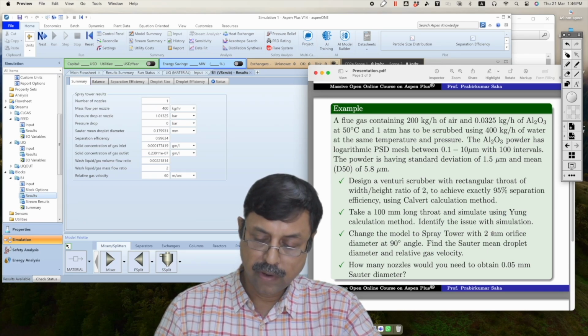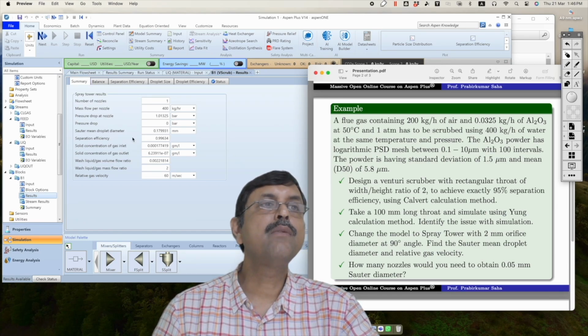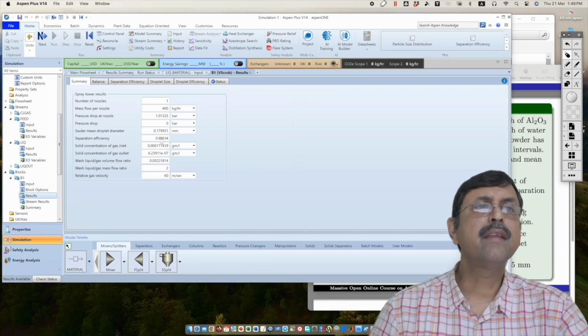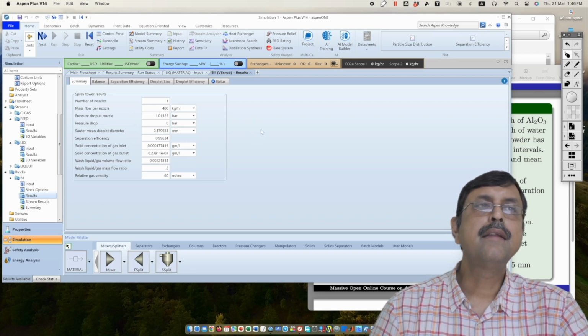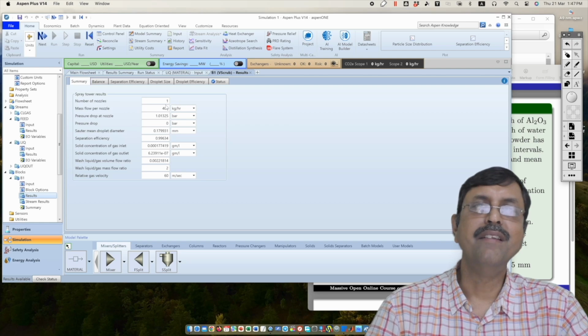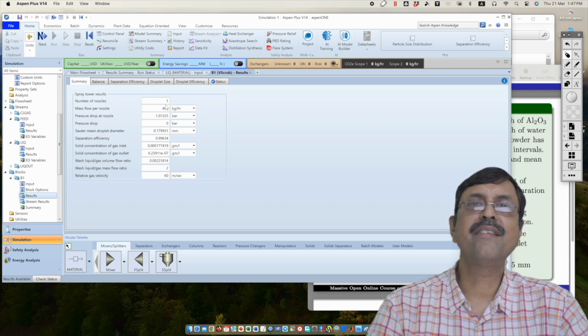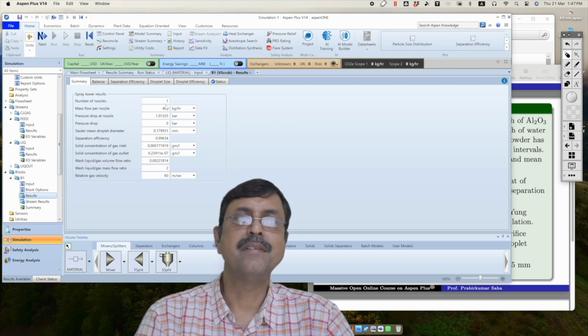So for 2 millimeter orifice diameter, we are getting 0.18 millimeter Sauter mean droplet diameter. And separation efficiency is almost 100%, it is 99%. Okay. But how many nozzles are there? Only one. We are using only one. So the entire simulation is being done with only one nozzle.